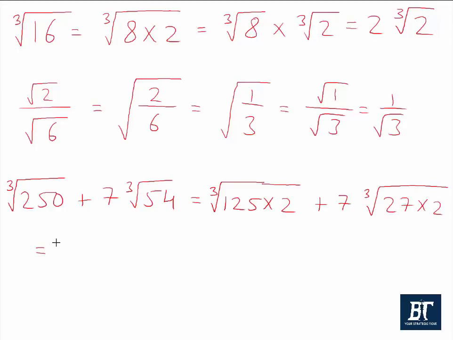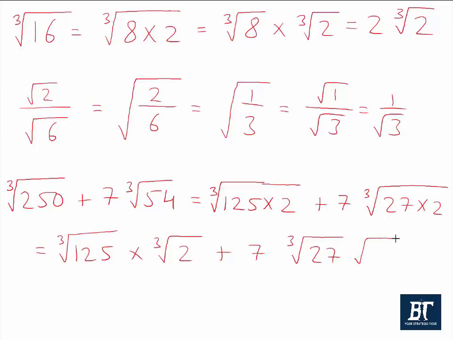So if you realize, this will become cube root 125 multiplied by cube root of 2 plus 7 times cube root of 27 cube root of 2. So this will give you 5 cube root 2 plus, and this is 7, this is 3. So if you realize, we can directly write this as 21 cube root 2.